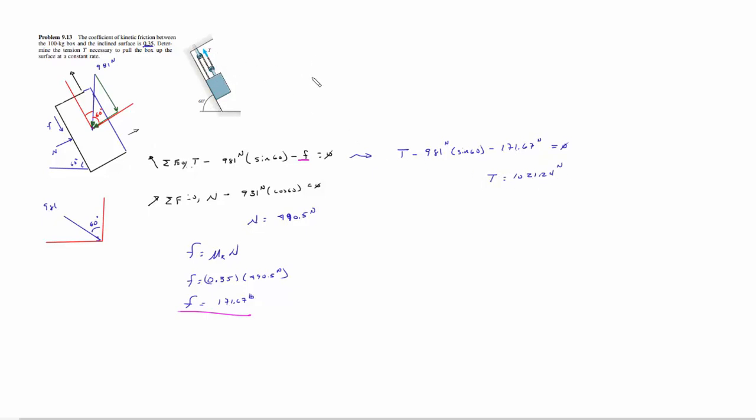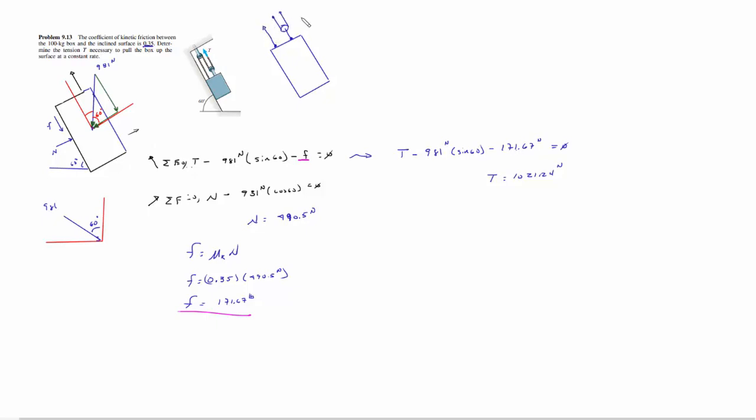But let's take a look at this. If I draw the free body diagram of this box, I'm going to have this pulley connected, and then I have this cord rope that's hanging on to the box here, and all these are pulling up.